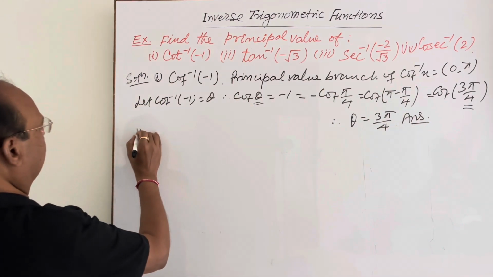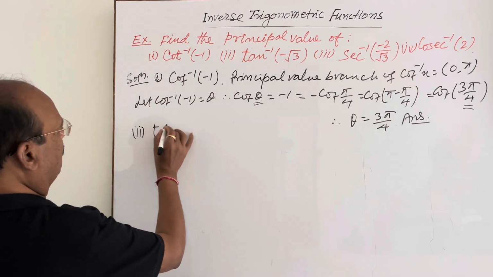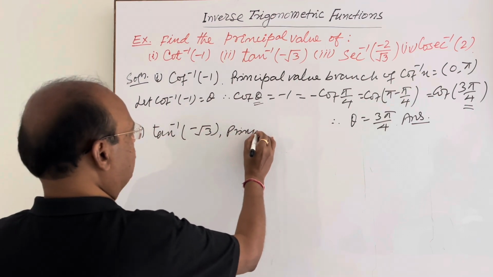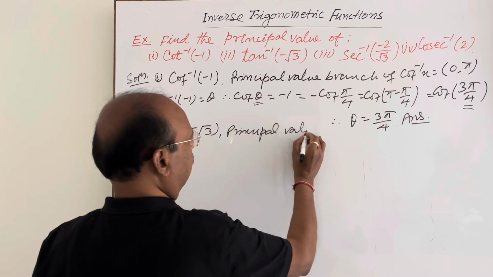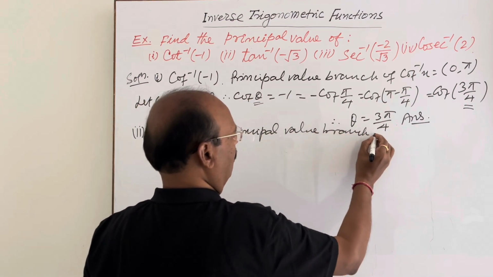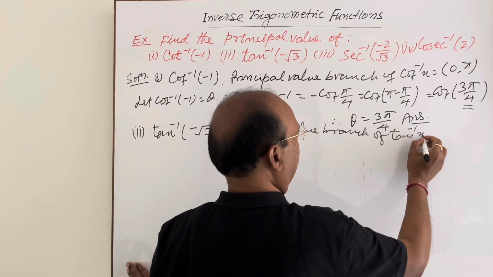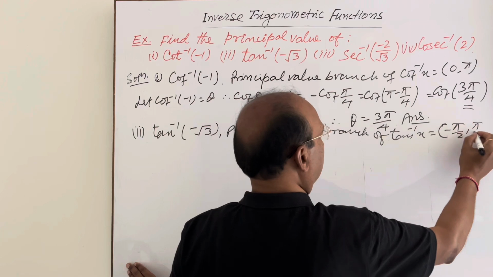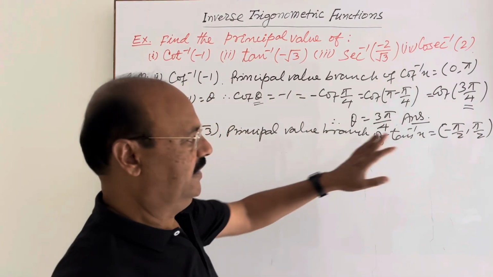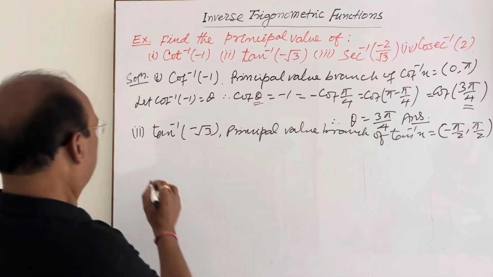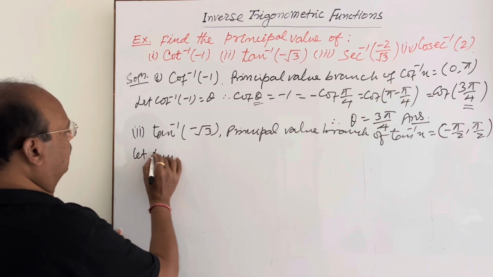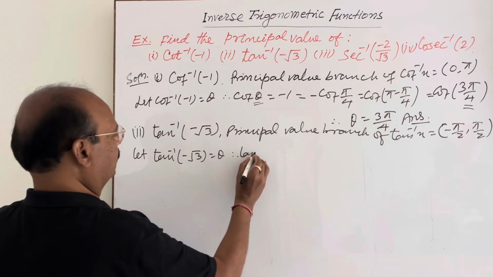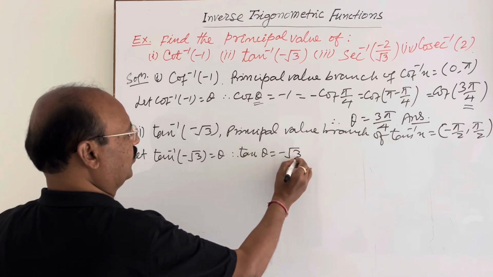Now second is tan inverse of -√3. The principal value branch of tan inverse x is the open interval minus pi by 2 to pi by 2. So the answer must lie in this interval. Here also let us suppose that tan inverse of -√3 is equal to theta, and therefore tan theta is equal to -√3.